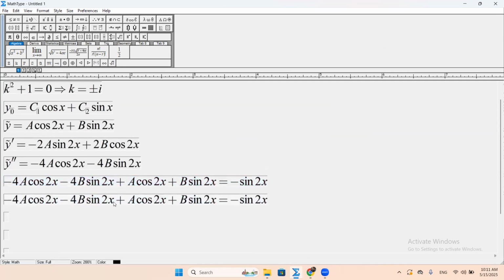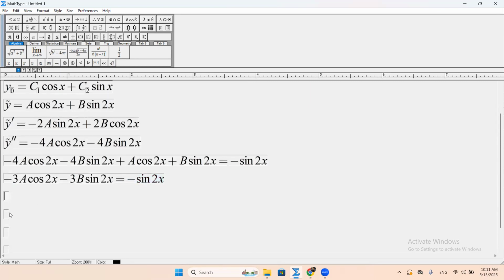Minus 3a cosine of 2x and minus 3b sine of 2x. And here we see that a equals 0 and b equals 1 over 3.